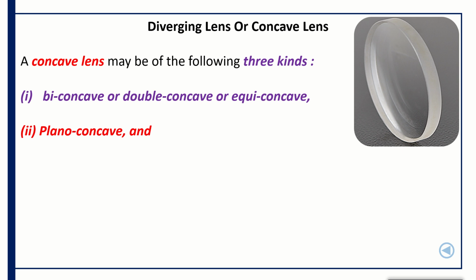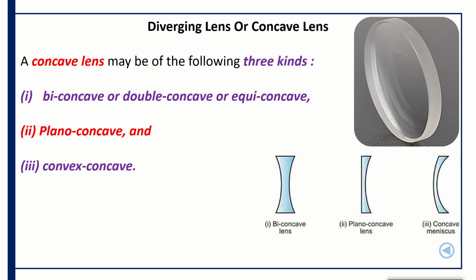So they are known as biconcave or double concave. The second type is plano-concave, where one surface of the lens is plane and the other surface of the lens is concave. And the third type is convex concave lens, where it is scooped out to get a concave meniscus.